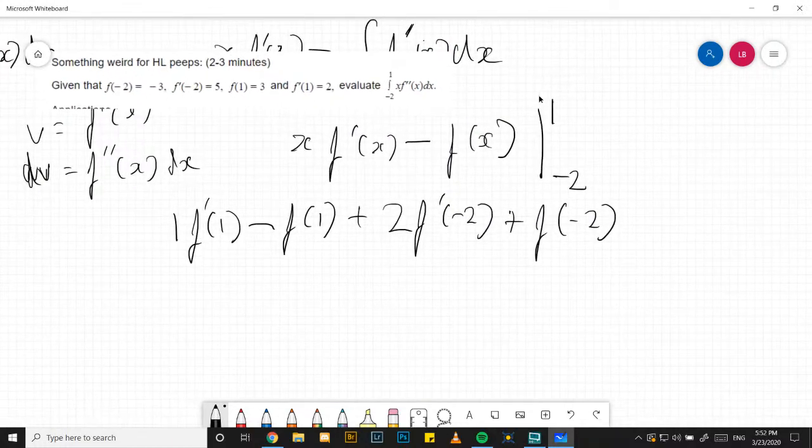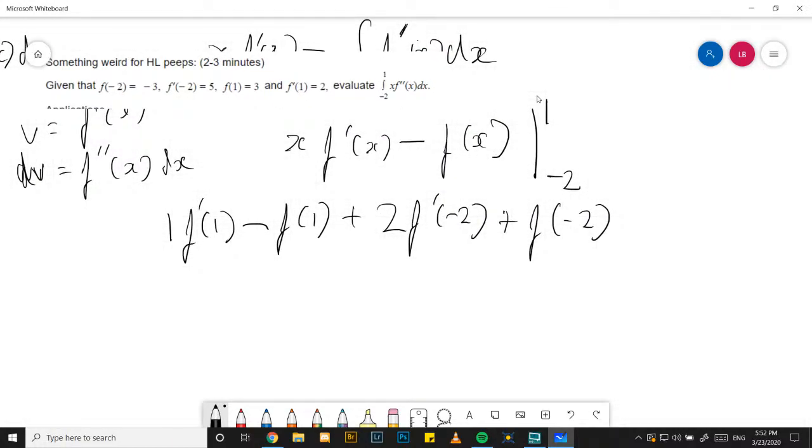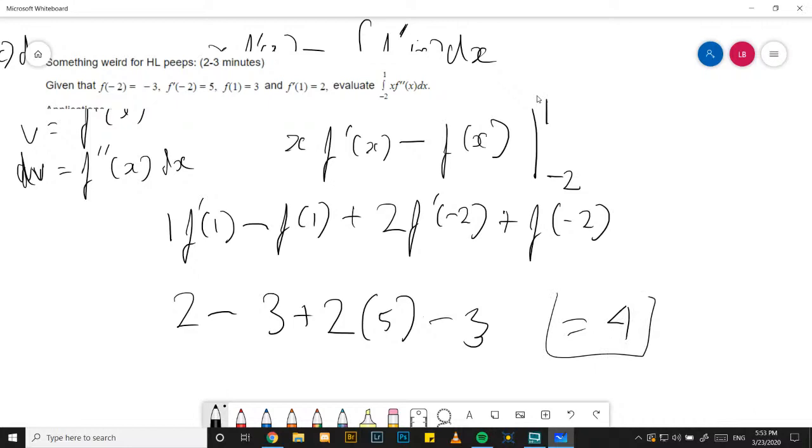That gives me f prime of 1 is 2, minus 3, plus 2 times 5, plus -3, which is minus 3. That's 10 plus 2, 12, 12 minus 6 is equal to 4. There we go.